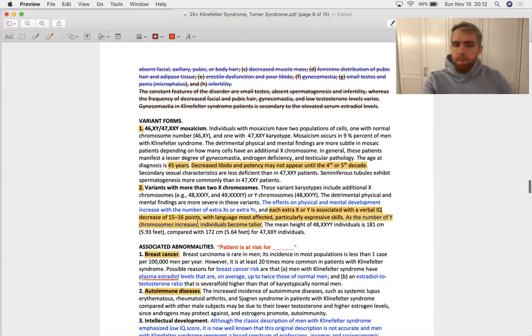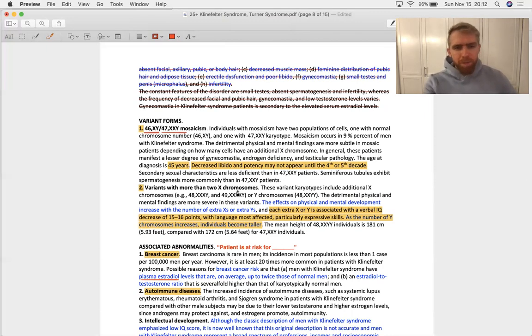Now, some patients can be mosaic, meaning some of their cells are 47XXY and other cells in their body have a normal karyotype. That's a minority, and these patients have a more mild clinical picture.